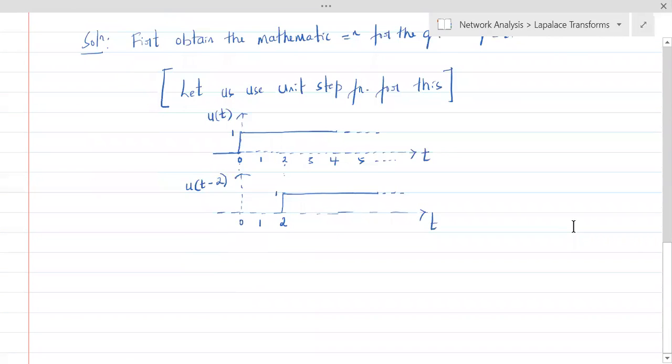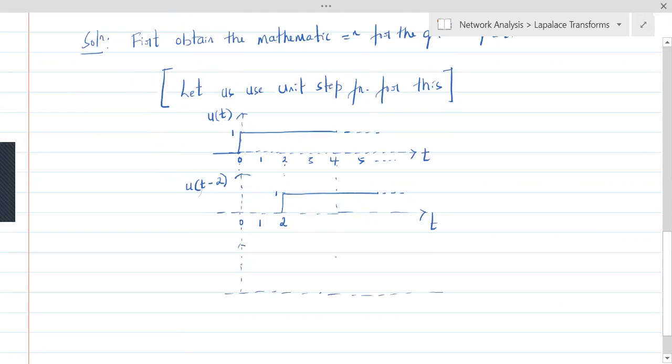Shifting by 4 units, what do I get? Let's again consider the time axis. See here, 4 is here.